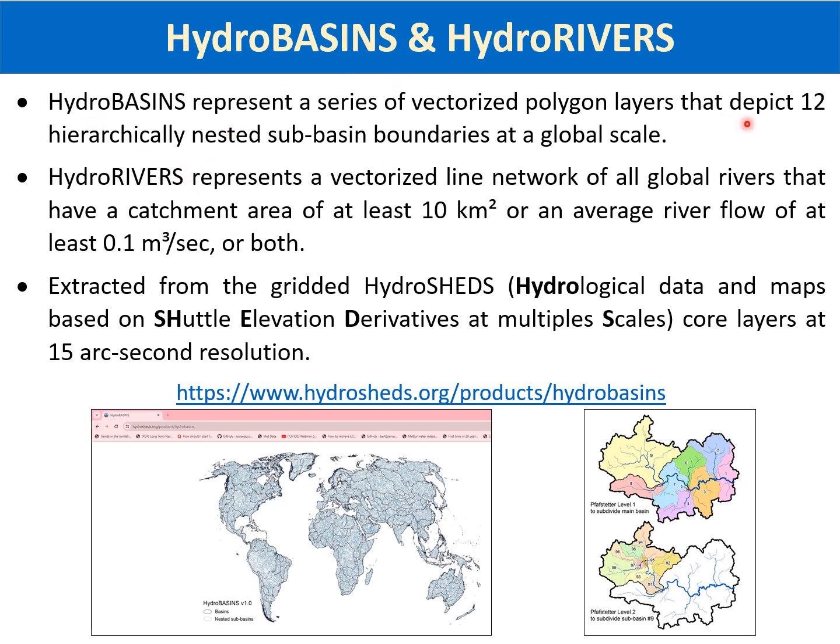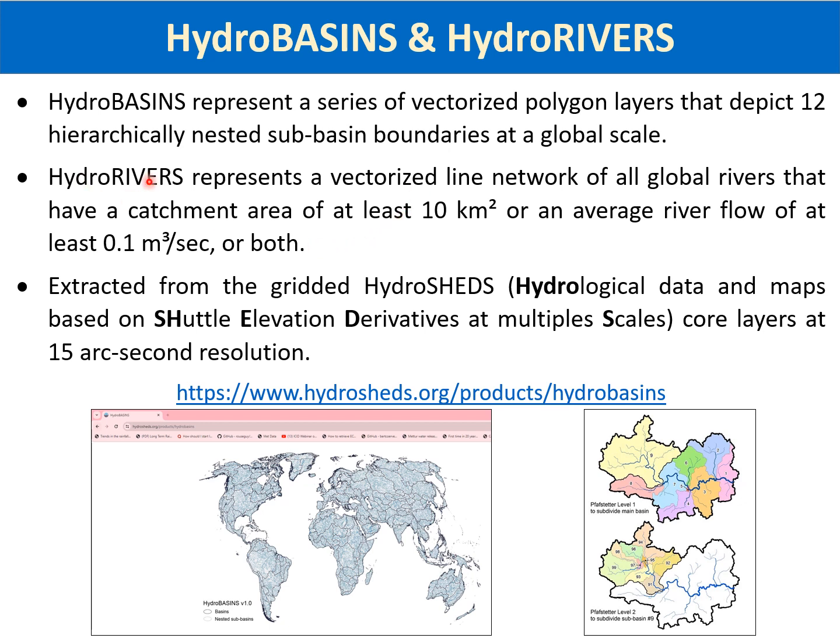Hydrobasins depict the 12 hierarchical nested subbasin boundaries from level 1 to level 12. At level 12, the highest level, we have about 1 million subbasin polygons with an average area of about 130 square kilometers.